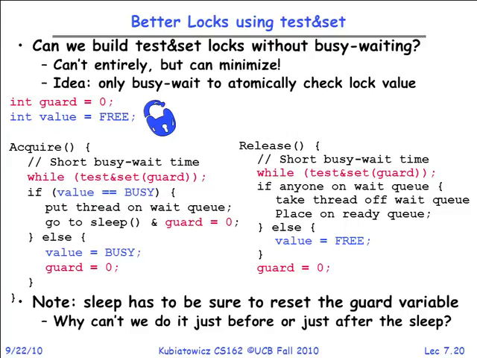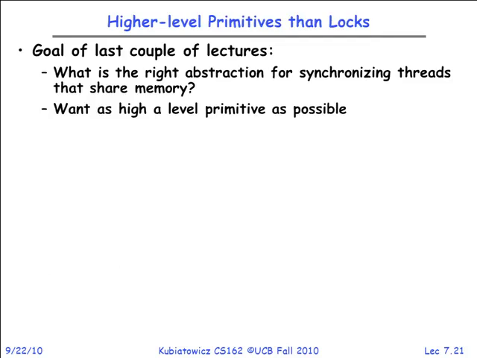So let's move up a level here. The goal of the last couple of lectures has really been asking ourselves what the right abstraction is for synchronizing threads. Now, we've been talking about locks, but locks are kind of the lowest level primitive that we could ask for, and they don't really do a lot of things cleanly.